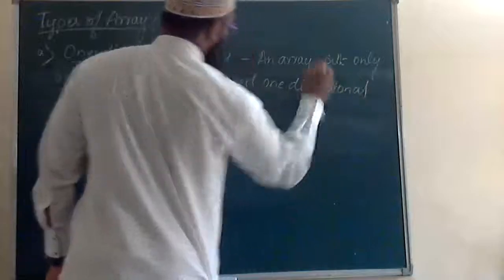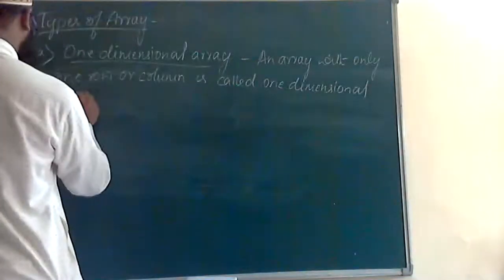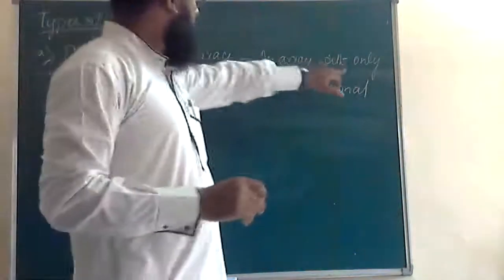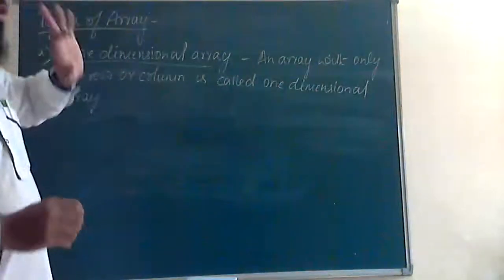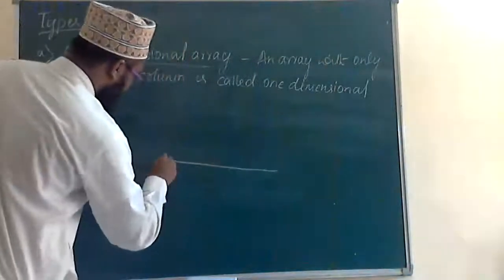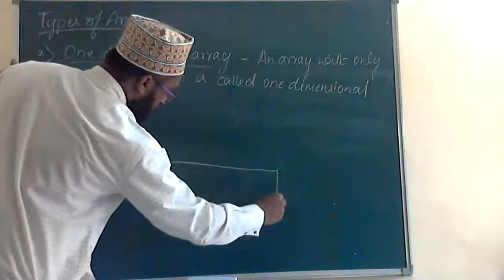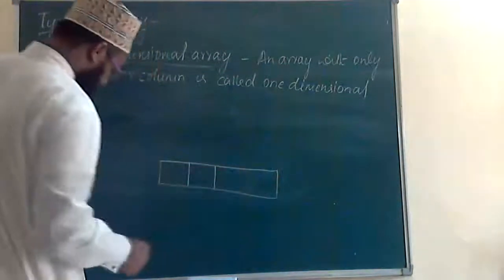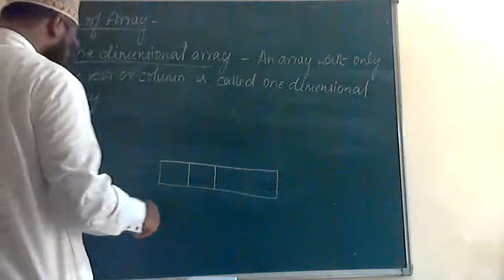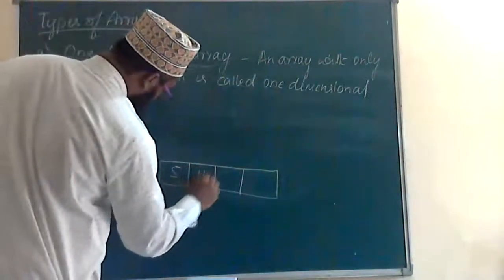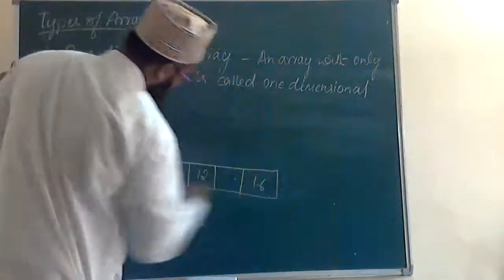This is called a one-dimensional array: an array with only one row or column, as I have already shown you. We'll take some different values now: 1, 2, 3, 4, 5, 12 and 16.